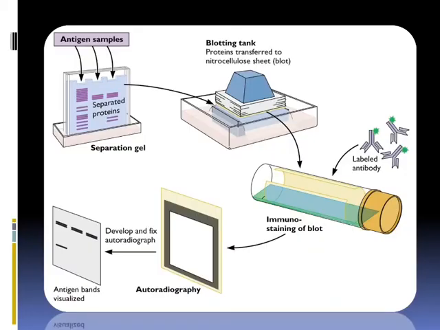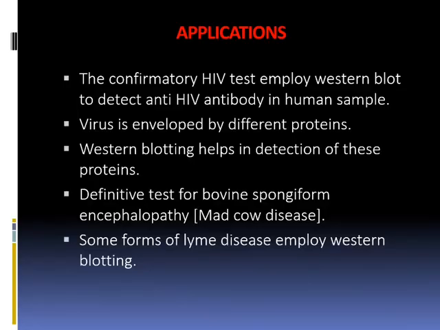So there is the antigen sample, the separated proteins, the blotting membrane, then the primary antibody, then the labeled antibody is added, immunostaining of the blot, fixing, and autoradiography.